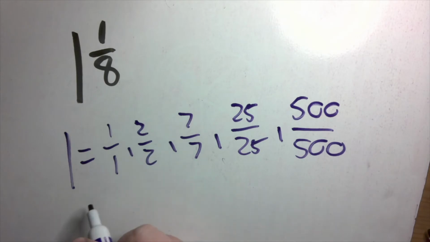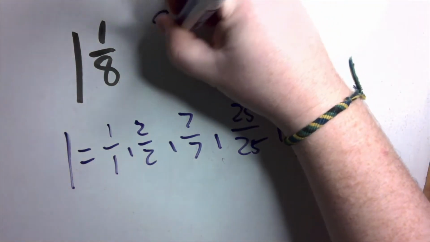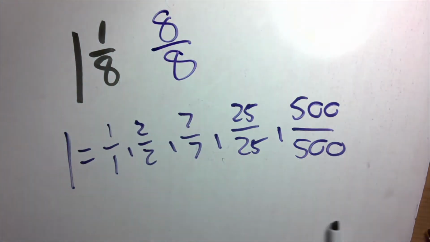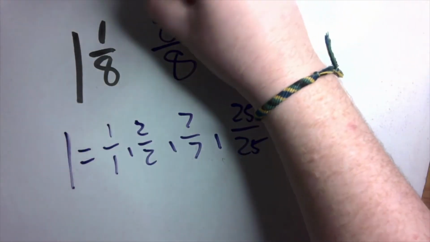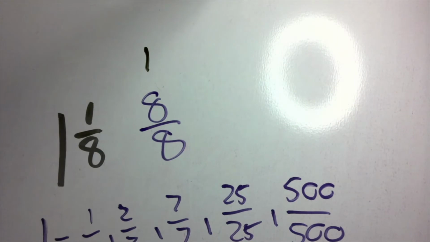So instead of working with 1 and trying to figure out what it is, I'm going to take this denominator, which is 8, and I'm going to make 1 into 8/8. Okay? Here, let's put a 1 right above this just so we remember. So we're back up top here. 1 is 8/8.